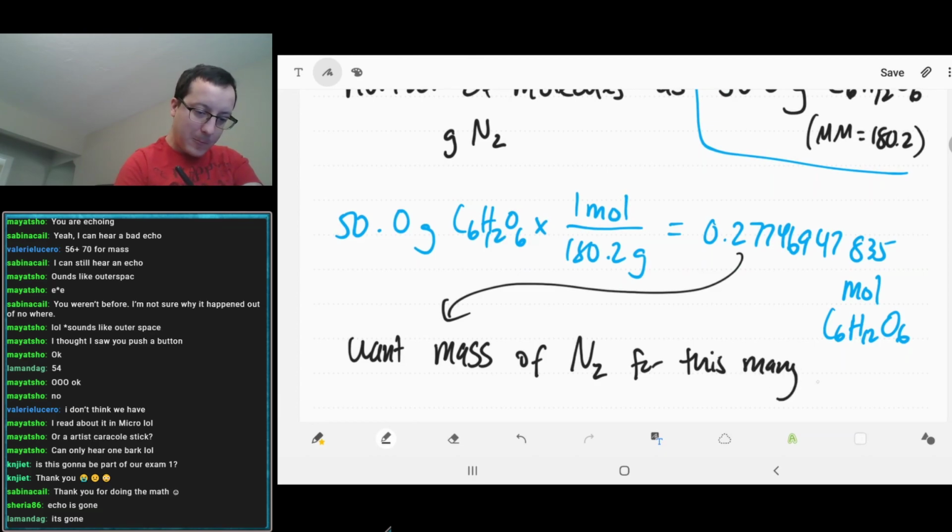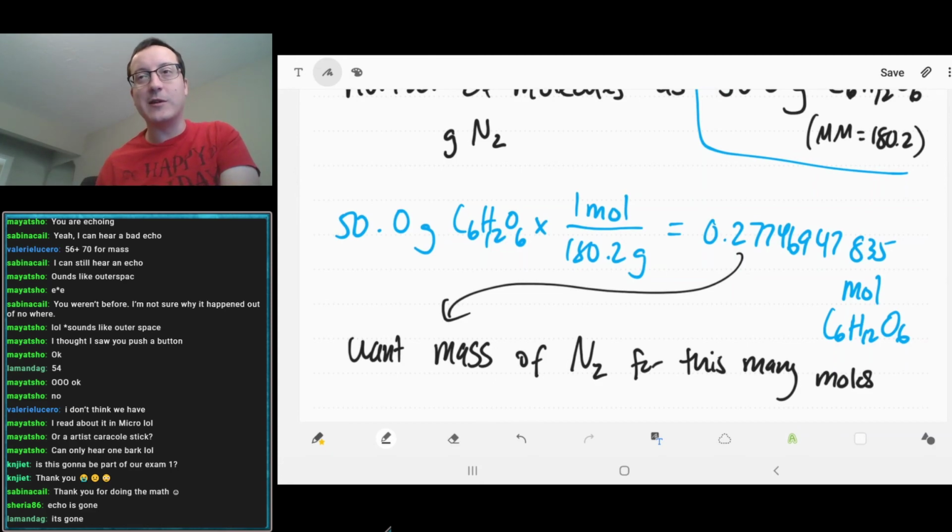Remembering that moles can be related to molecules, we can just skip over molecules entirely here. If you want, go right ahead. Instead of putting 1 mole on top, do your 6.022 times 10 to the 23rd molecules. Have fun, knock yourself out. You'll get the right answer. It will be exactly the same.